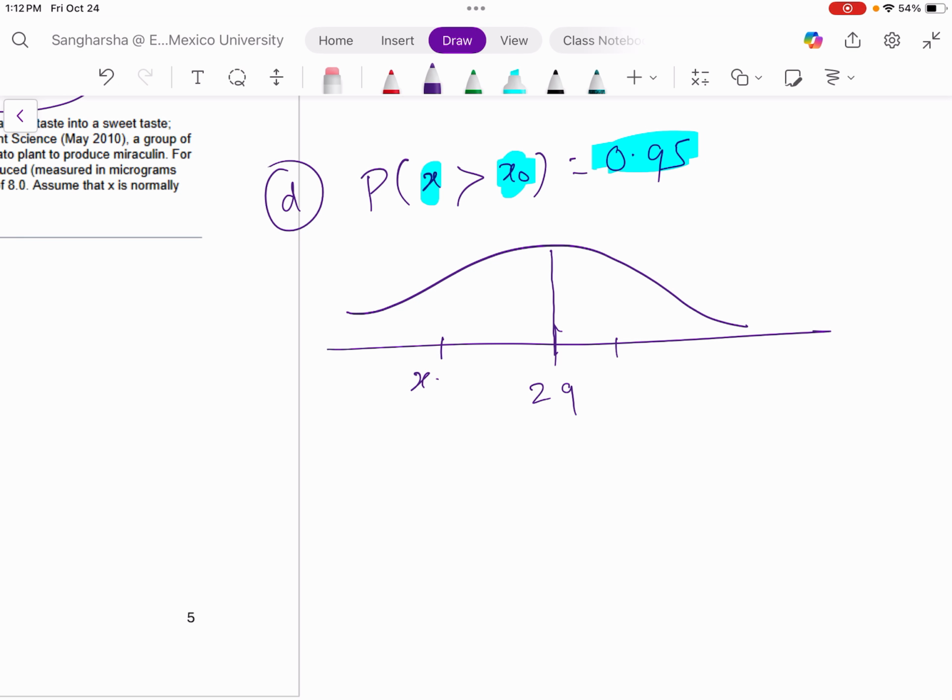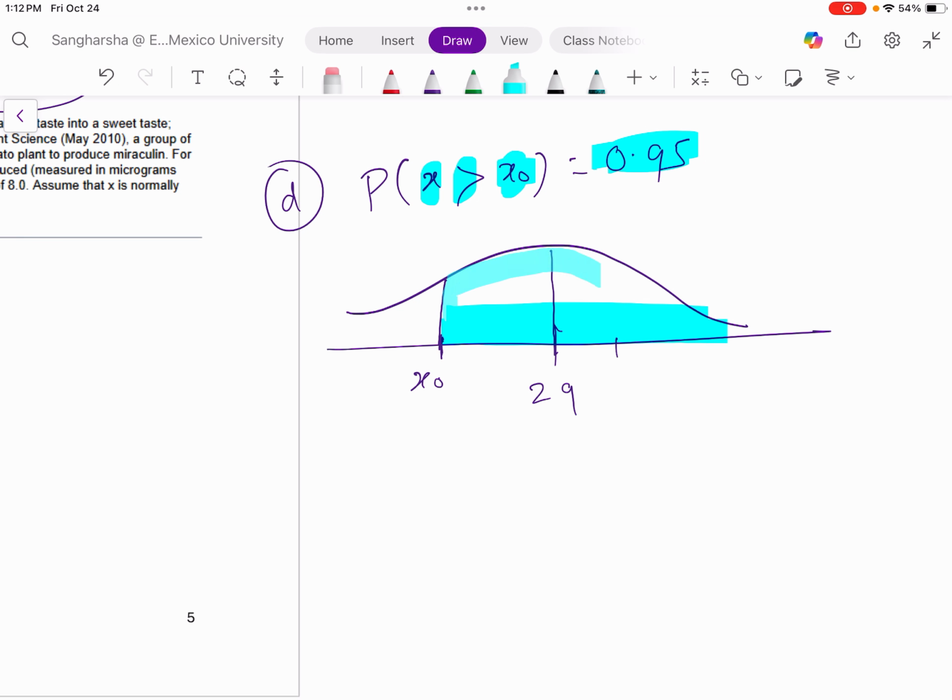So let's say here, and we are interested in finding x naught, and our probability is greater than x naught. So everything on the right of x naught is 0.95. Okay, that's what is given to us.